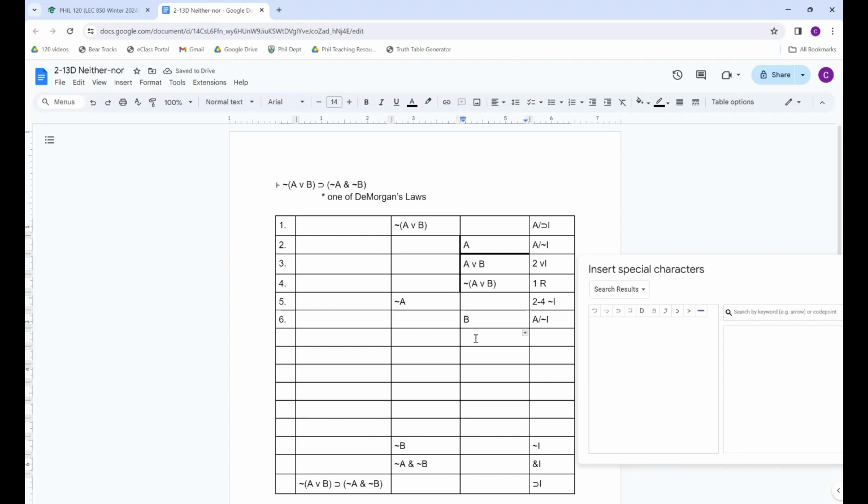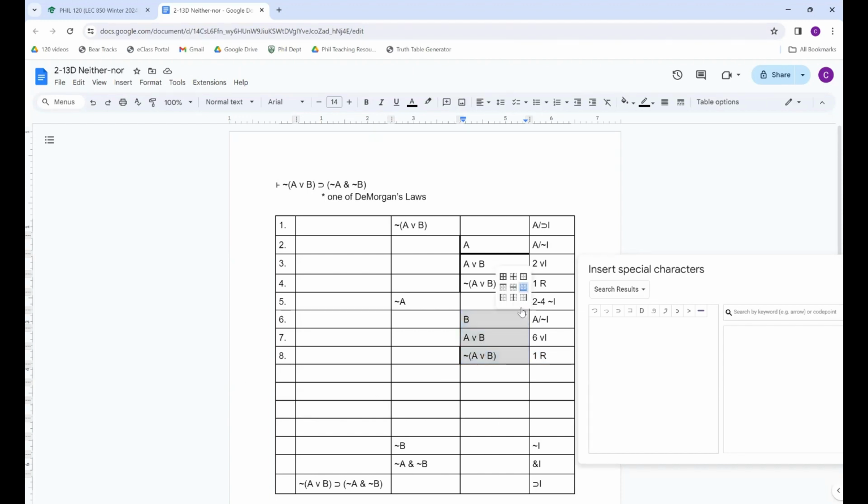And then we will get A or B by disjunction introduction again. And then we will reiterate 1. And we have our contradiction there.